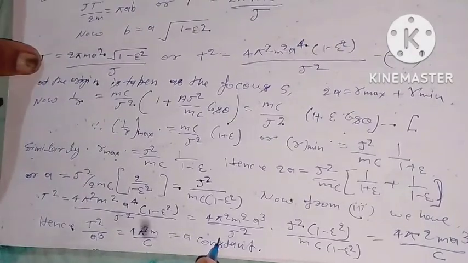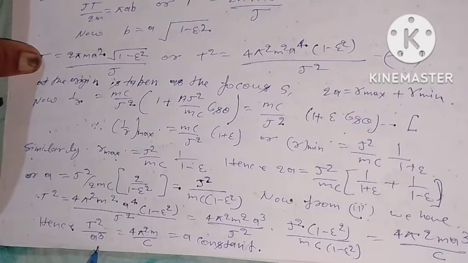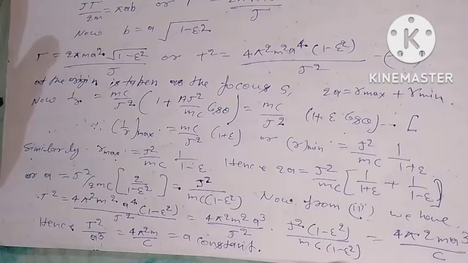Thus the square of the period of revolution of the planet about the sun divided by the cube of the major axis of the orbit is a constant, which is Kepler's third law.